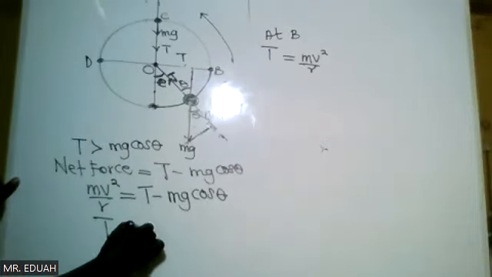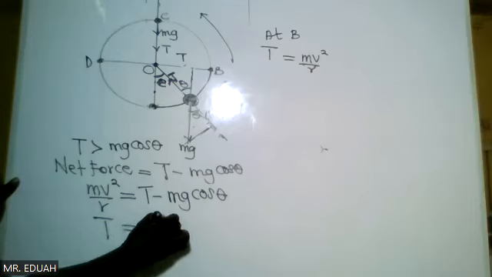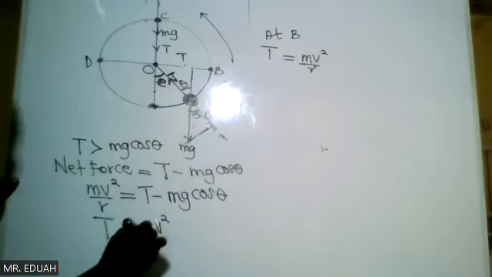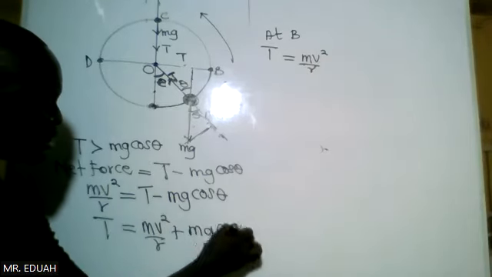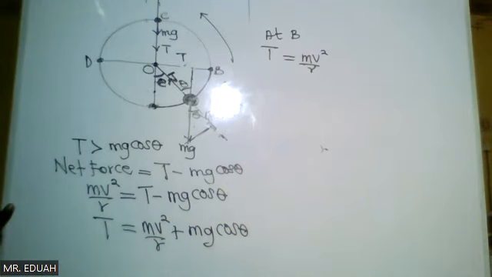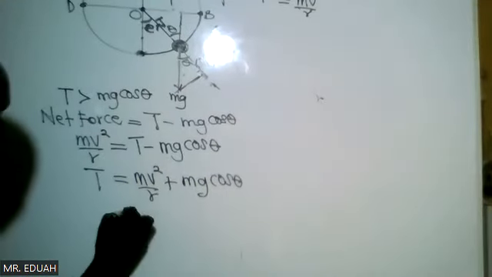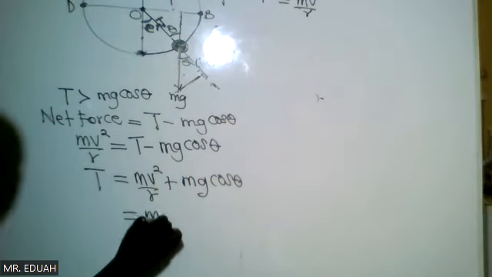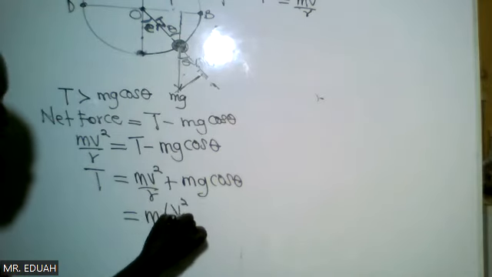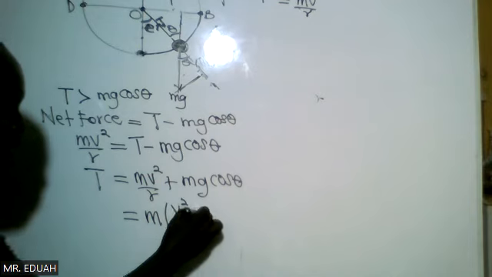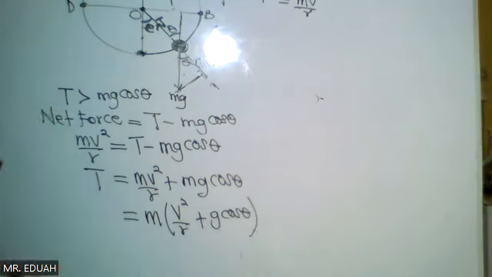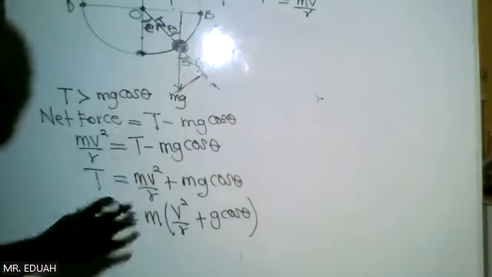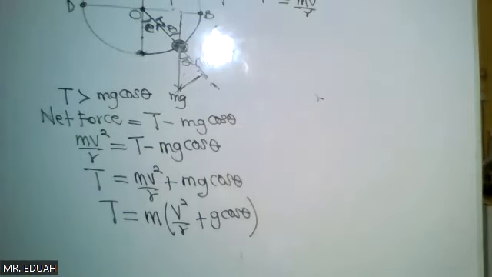T is equal to mv squared over r plus mg cos theta, which can be simplified as m times v squared over r plus g cos theta. And this is the expression for the tension at any angle theta.